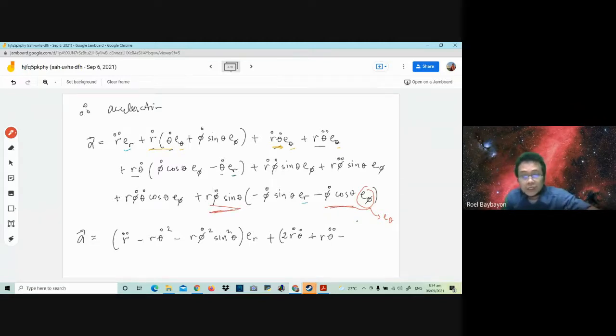So, nako kana times kana, so nako minus r phi dot square sine theta ipaigo cosine theta e theta. Okay? Plus for e phi, I have pila ka term sa e phi. Again ha, if we can prove that e theta is e phi is equal to e theta, then ang acceleration can be rearranged into this one.